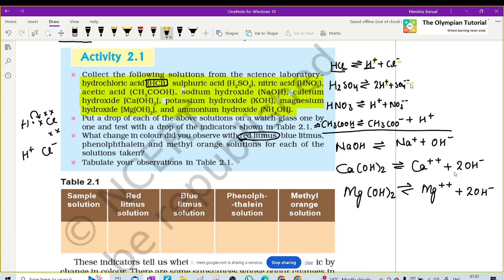This is also an important condition. In nitrate, if I put 2 negative, it should be 1. They should neutralize each other to make a neutral molecule like H plus Cl minus, HCl. Okay, ma'am. Ammonium hydroxide, it will give hydrogen ion.